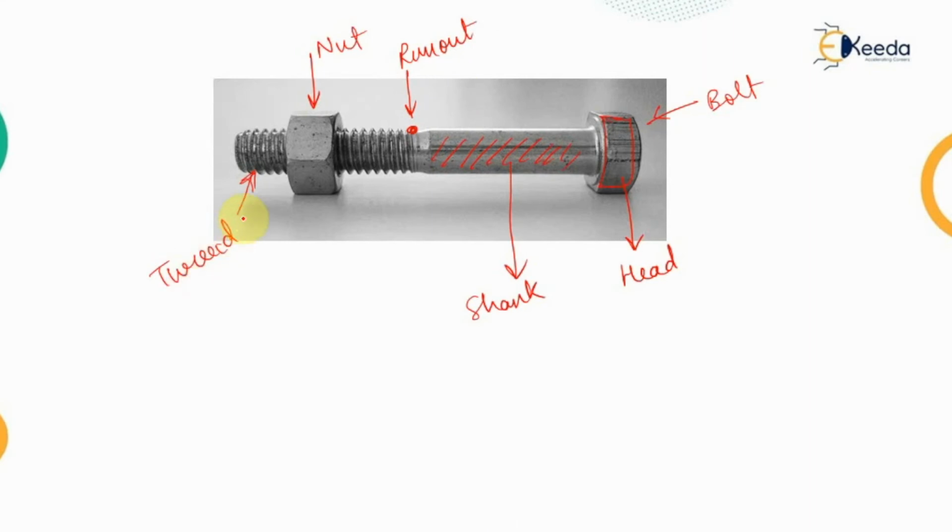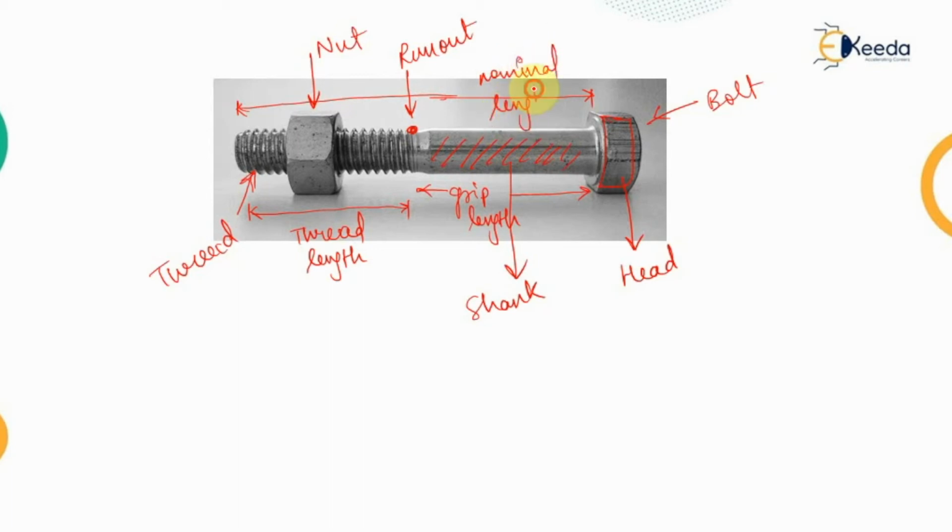The length over which these threads are provided is known as the thread length, while the length over which the shank has been provided is known as the grip length. And the total length of this connection is known as the nominal length.